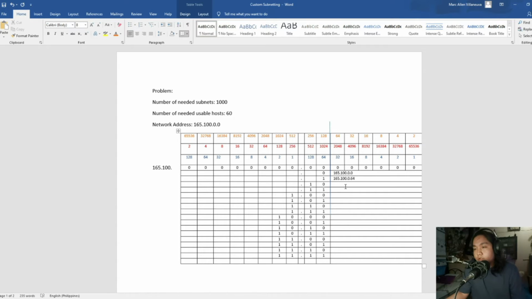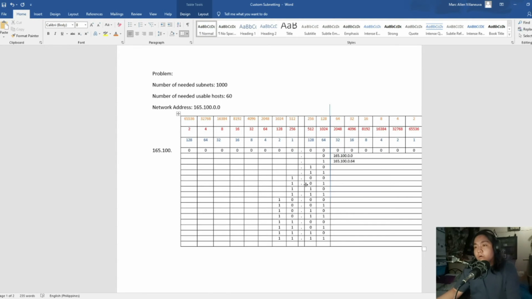Next, 165.100.0.128, since we have 1 here in 128.